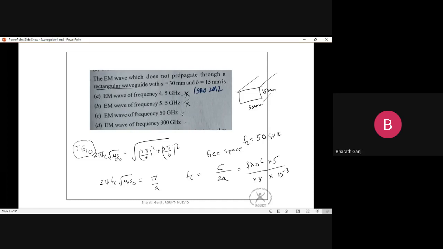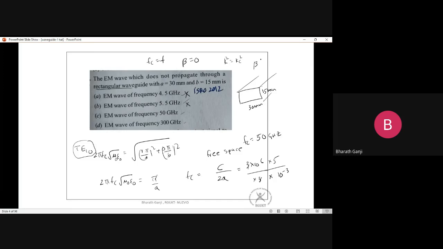However, here 50 is also given as an option. Can 50 gigahertz propagate? No, it cannot propagate, because at 50, when fc is exactly equal to f, beta becomes 0. When frequency is exactly equal to fc, k becomes equal to kc, so these two are equal.